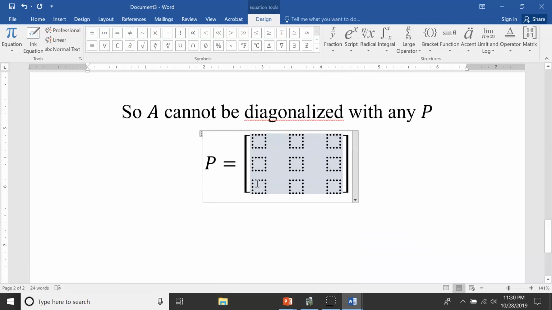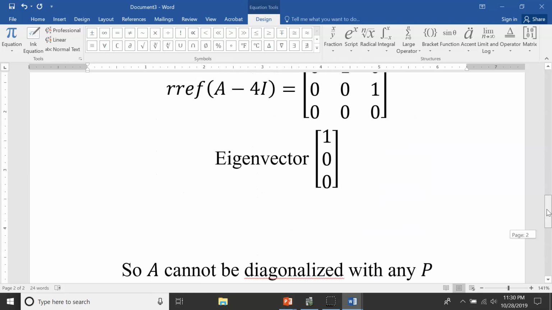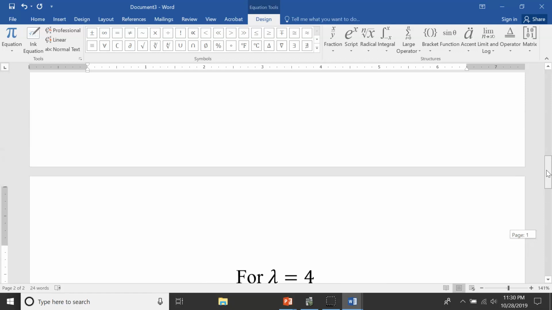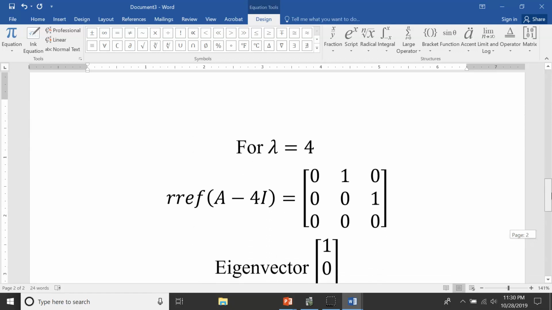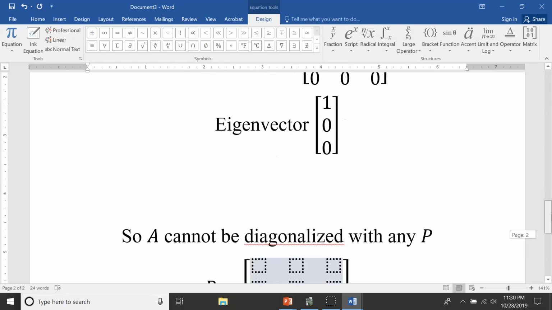I only have 2 eigenvectors, and so I'm always missing that third eigenvector. So because I can only find 2 linearly independent eigenvectors, my matrix A is not diagonalizable.